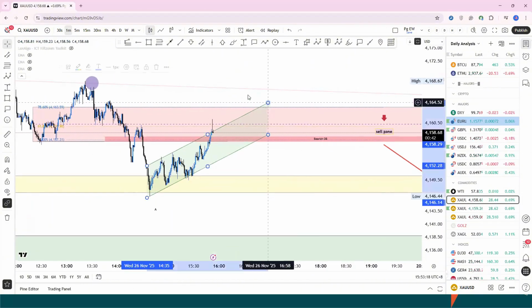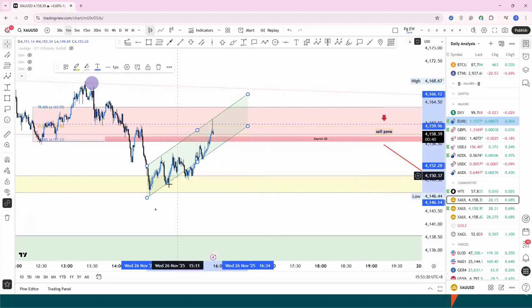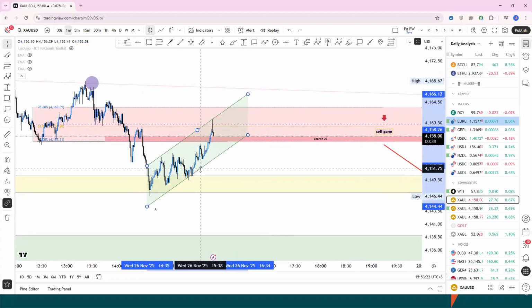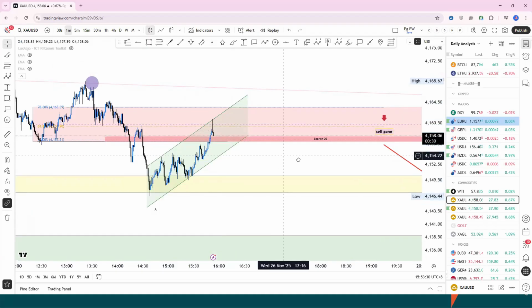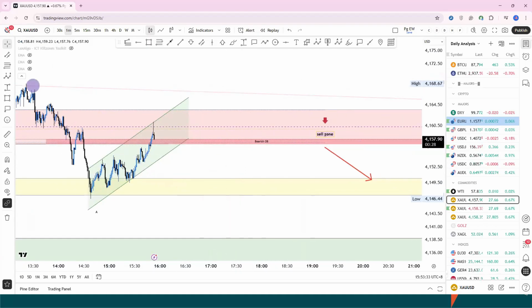Okay, if this is gonna be my 3, 1, 2, 3, 4, 5, you're gonna see, okay, that is our sell zone. Oh, see the rejection? Price falling already. Wow.